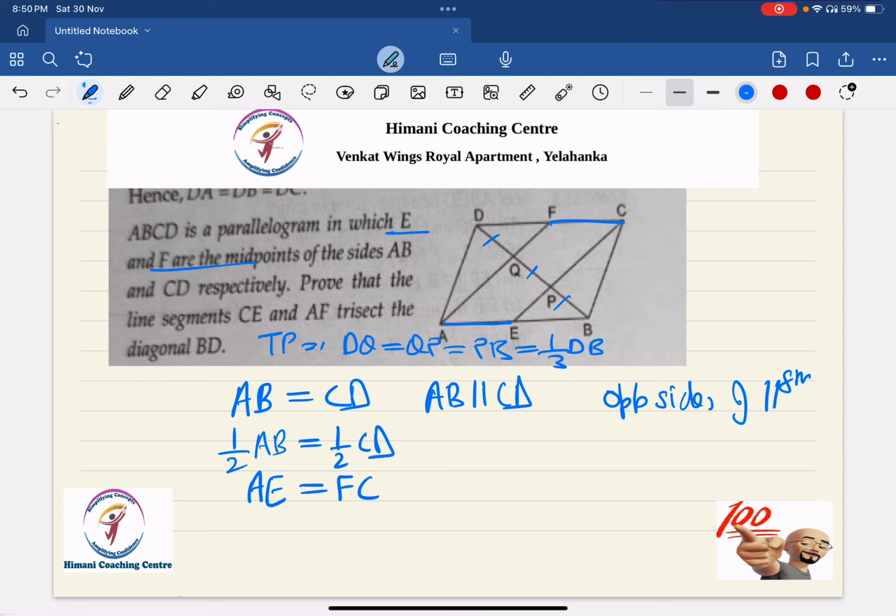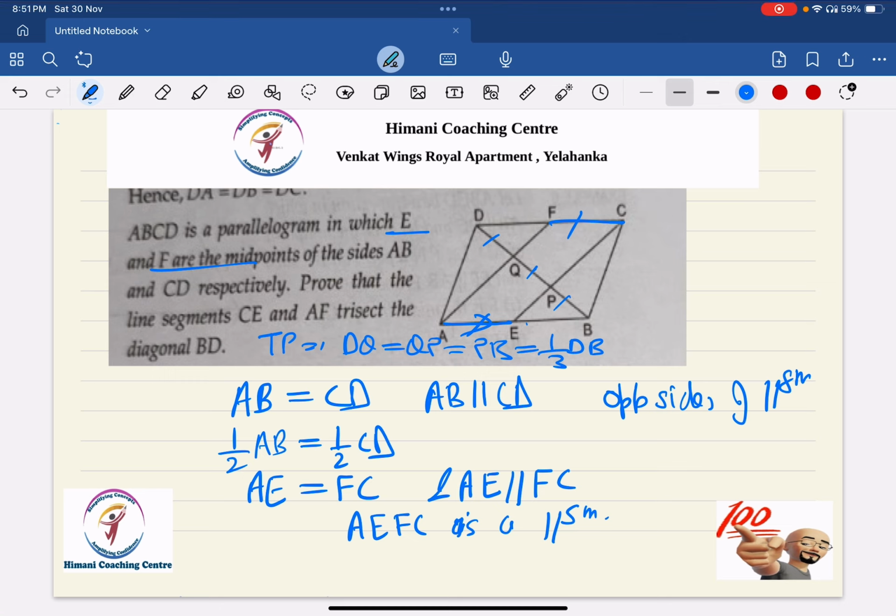So AE is equal to FC and AE is parallel to FC. Why? Because E and F lie on the respective lines AB and CD. Now we have a quadrilateral in which opposite sides are equal as well as parallel, which makes AECF a parallelogram. So we'll say therefore AECF is a parallelogram.